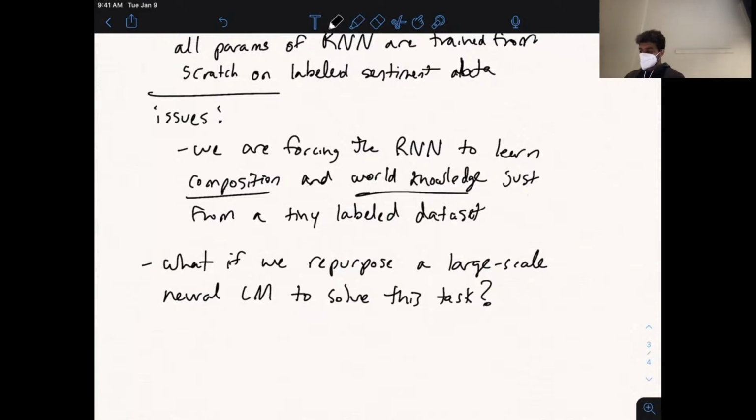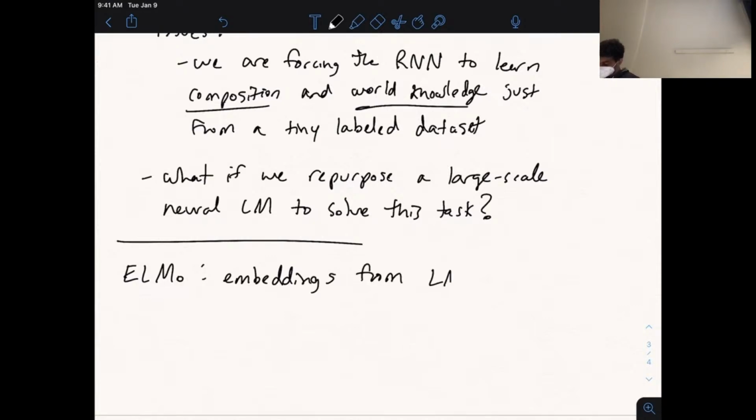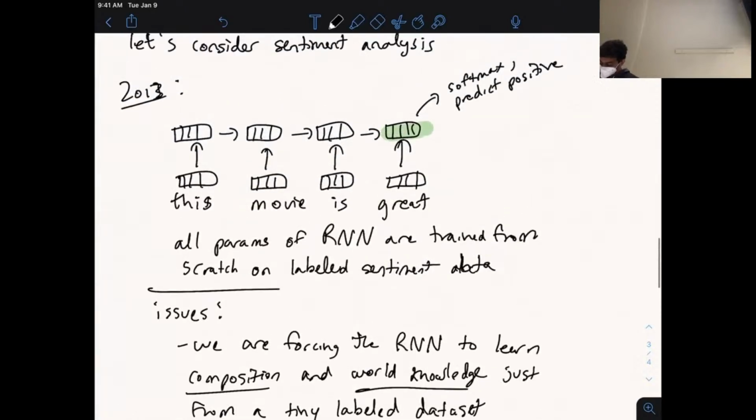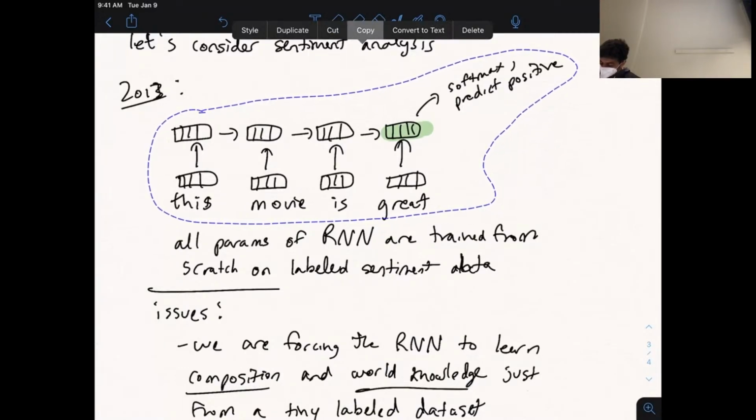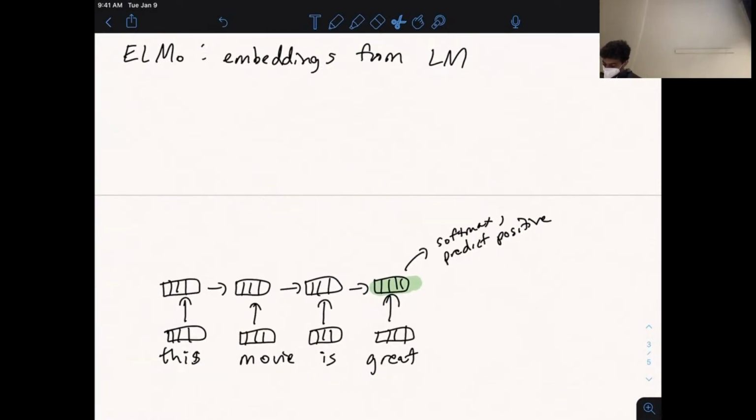So among the first approaches in this regard, I was actually involved with. It was called ELMo, and it began this series of Muppet-named models, which refers to embeddings from language models. So if we take this approach from 2013, we're just going to reuse it here.